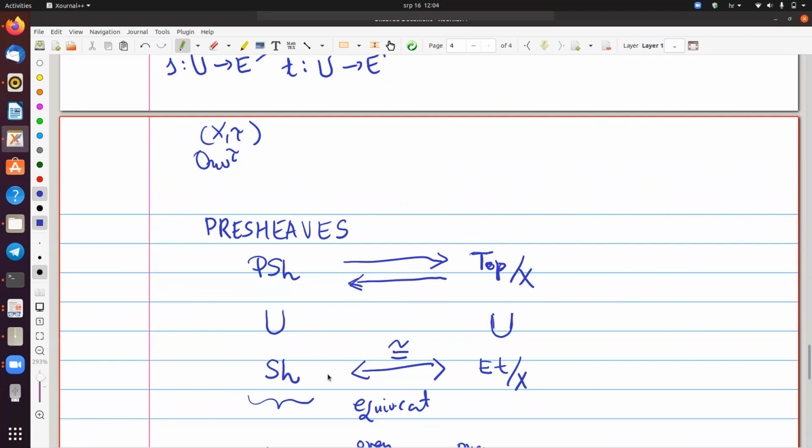So let me return to this adjunction. So I have this adjunction. What does it mean, adjunction? That means that we have to have some names for these things here.